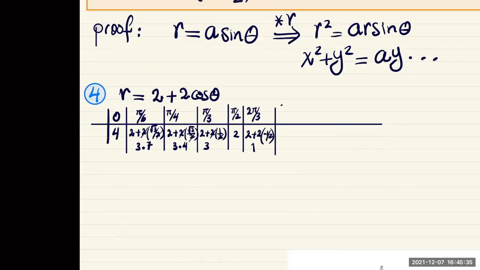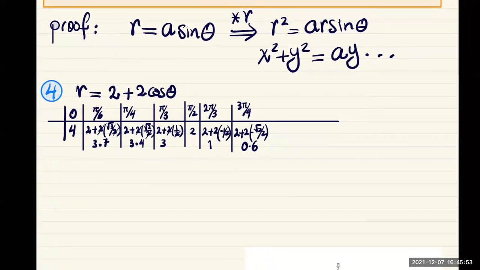Okay, 3 pi over 4. That's 2 plus 2 times -√2 over 2, which is 2 minus 1.4, around 0.6. Again, r is getting smaller and smaller. Let's pick 5 pi over 6. That would be 2 plus 2 times -√3 over 2, and this is around 0.3.